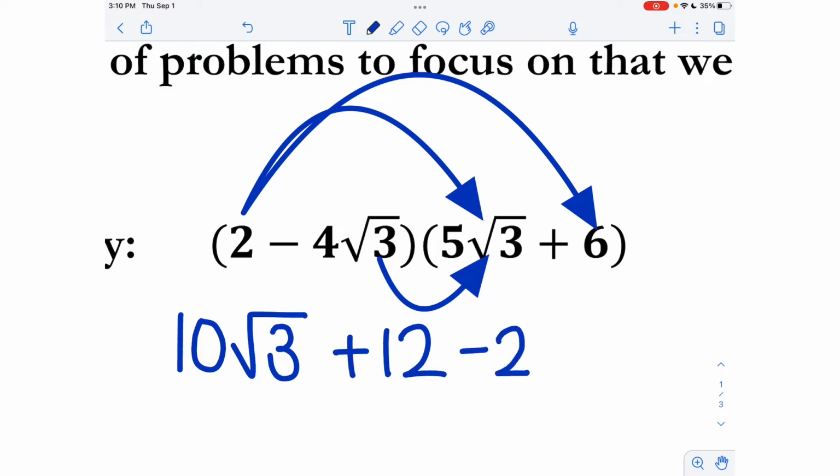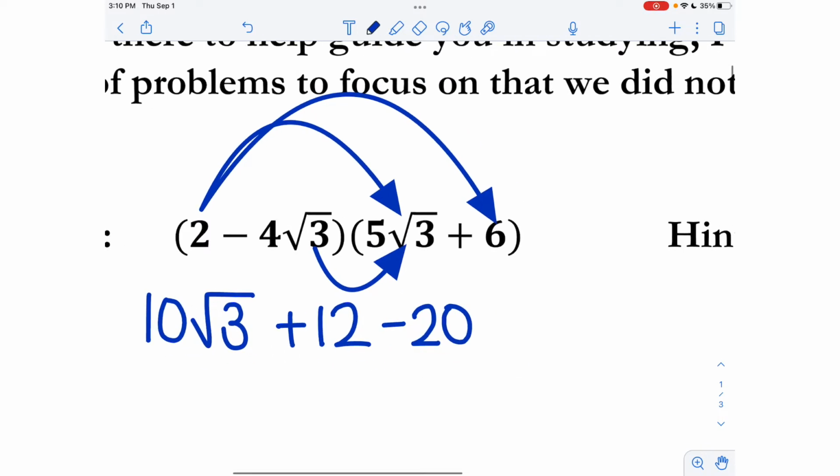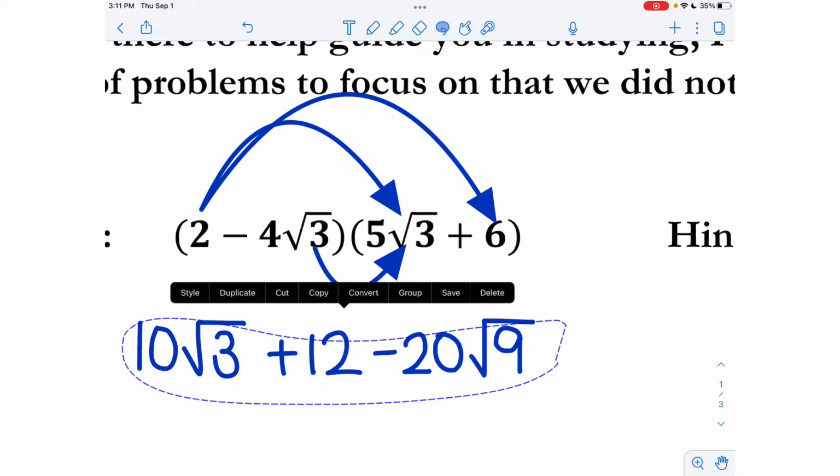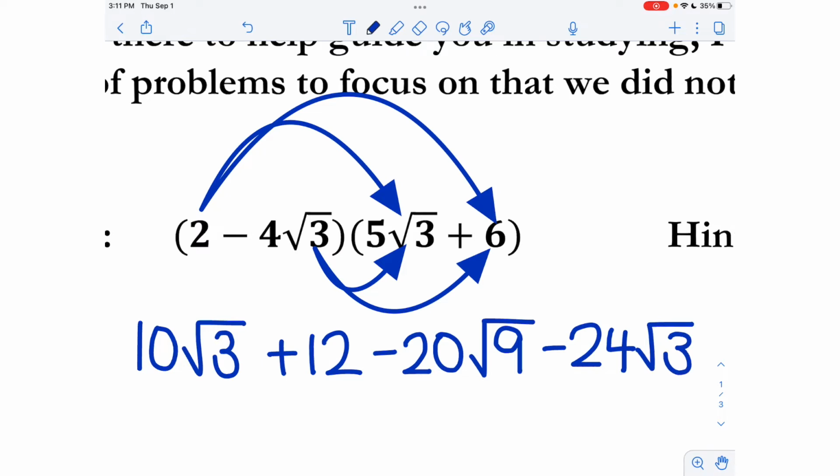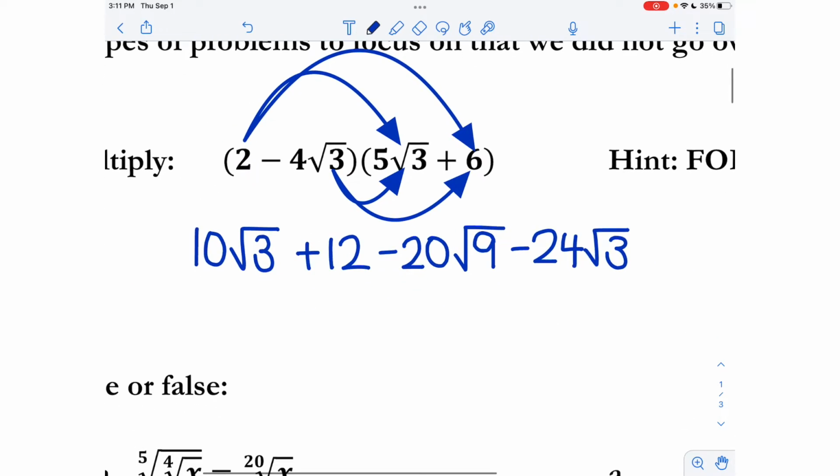So that's minus 20, 4 times 5. Root 3 times root 3 is root 9, which is 3, but we will do that part in a minute. And then negative 4 times 6 is negative 24 with a root 3. Let's take a look at what we have here.